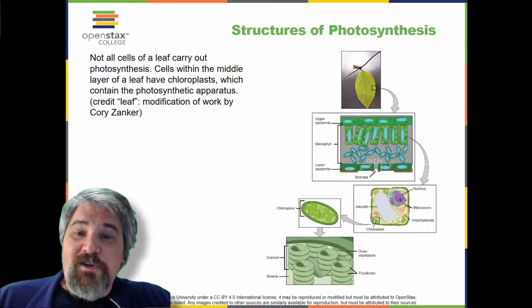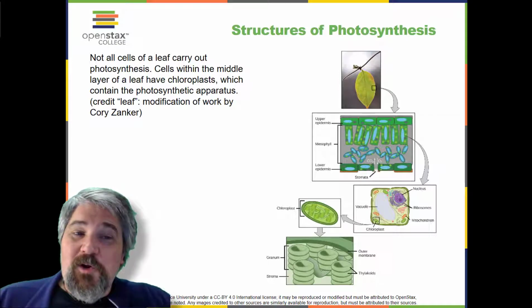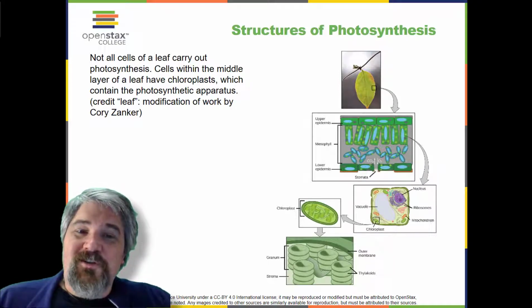In all autotrophic eukaryotes, photosynthesis takes place inside an organelle called a chloroplast. In plants, chloroplast-containing cells exist in the mesophyll. Chloroplasts have a double inner and outer membrane. Within the chloroplast is a third membrane that forms a stacked disc-shaped structure called thylakoids.